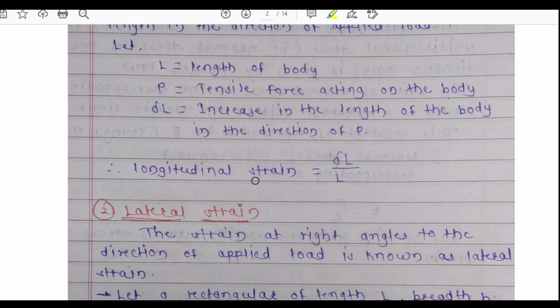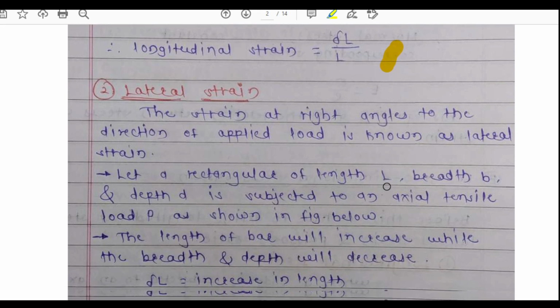Here L is the length of body, P is the tensile force acting on the body, and delta L is the increase in length of body in the direction of P. So this thing is your longitudinal strain, delta L upon L.